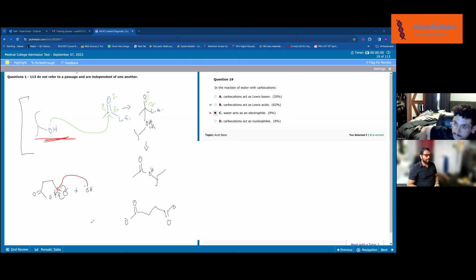It's the same thing in this molecule here. So you attack the carbonyl carbon, except the leaving group this time is part of its ring, so you get an opened ring. So now a carbocation, right?